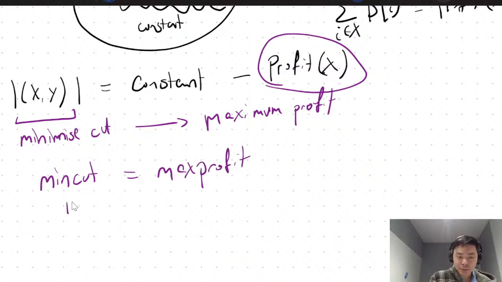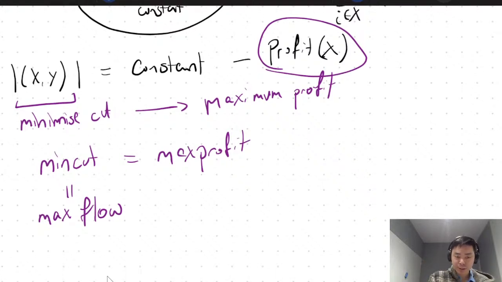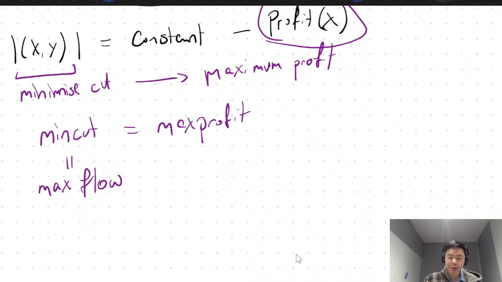And I know how to compute min cut. Min cut is just the max flow. And so now I have an algorithm that computes the maximum flow, which computes the minimum cut, which corresponds to my maximum profit. And so now you can run any flow algorithm.